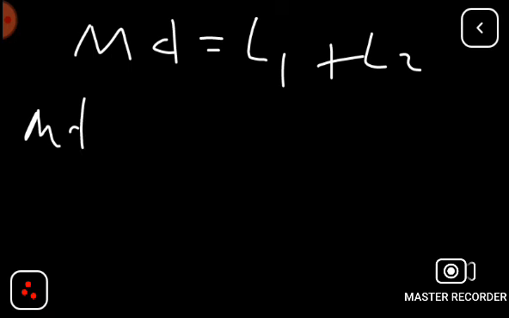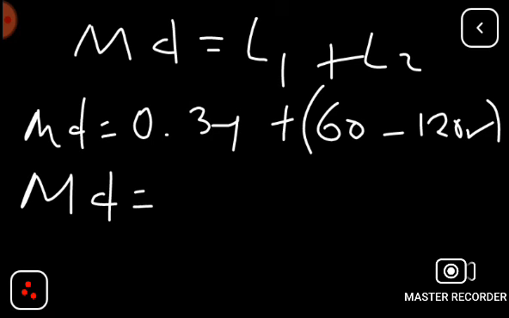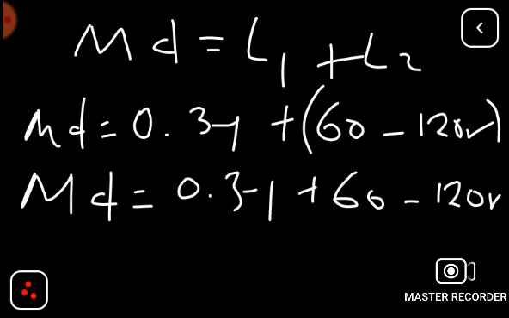So our money demand is 0.3y plus 60 minus 120r.